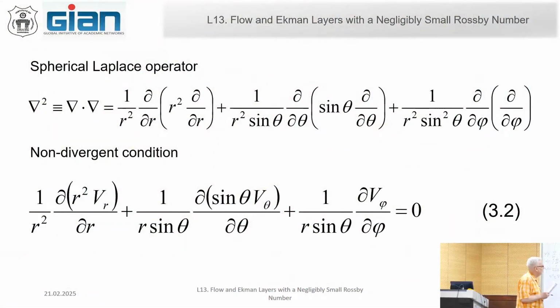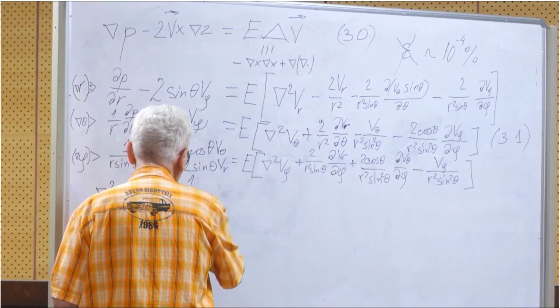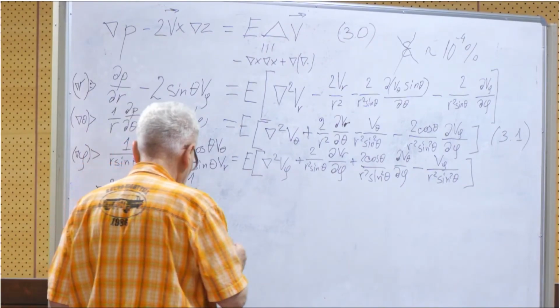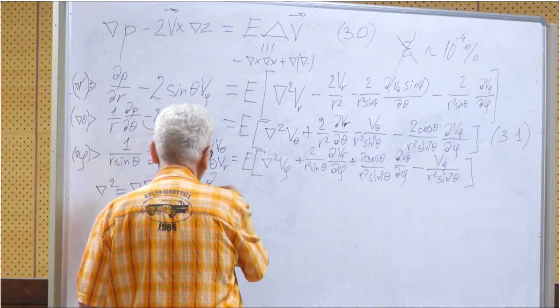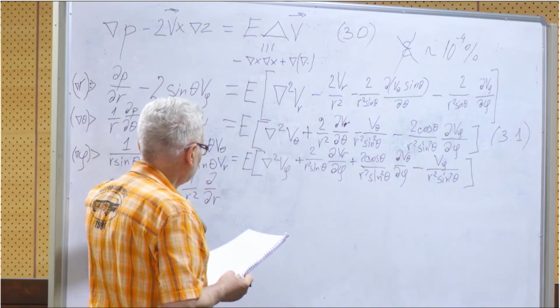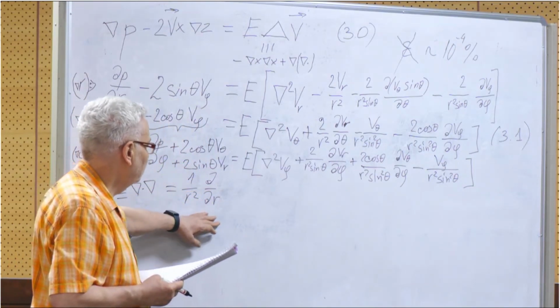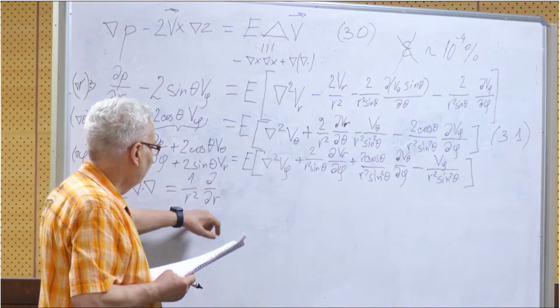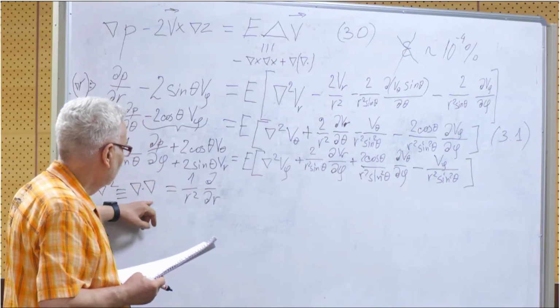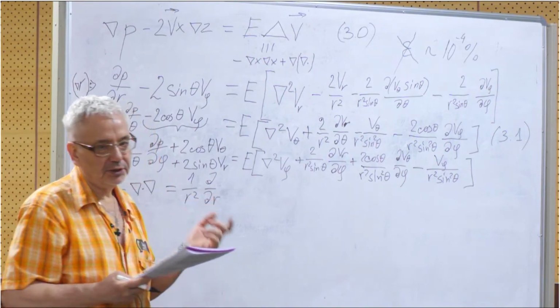Let's write it down here: one over r squared. Again, I stress that the Lamé coefficient is equal to unity for the radial component. But when we have a double nabla operator, we should operate with the remaining Lamé terms.